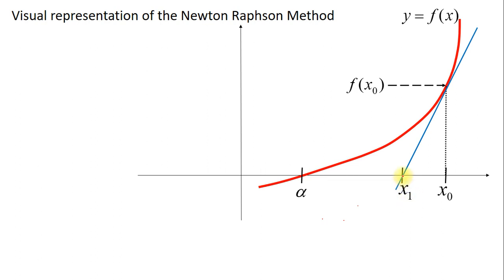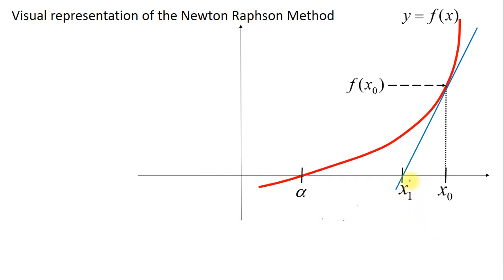This value, you will see that it is closer to the root than x naught. Now x naught, the value of x naught is given to you. Usually in the question, the value of x naught is given to you. How do we find this value, x1?